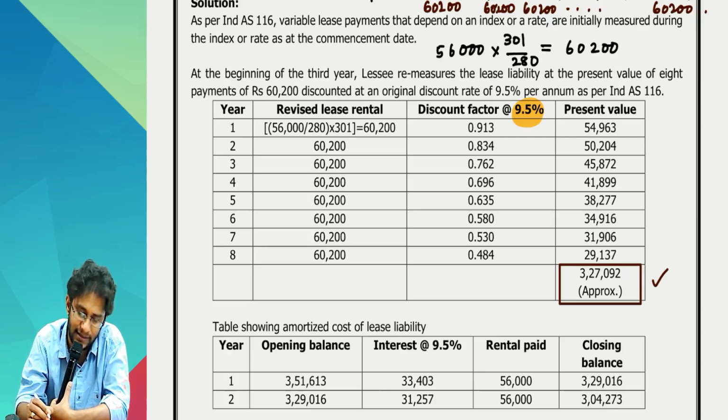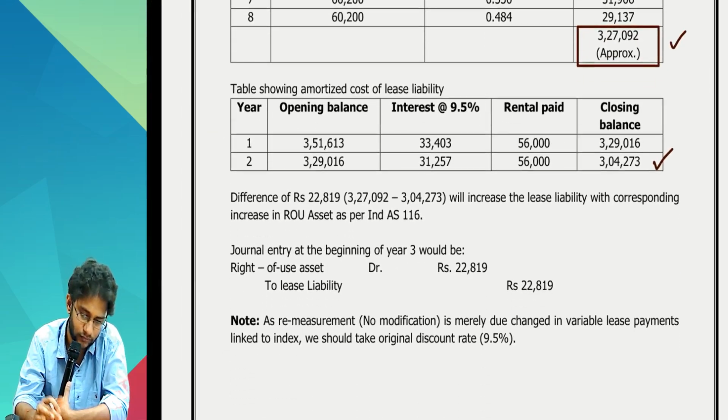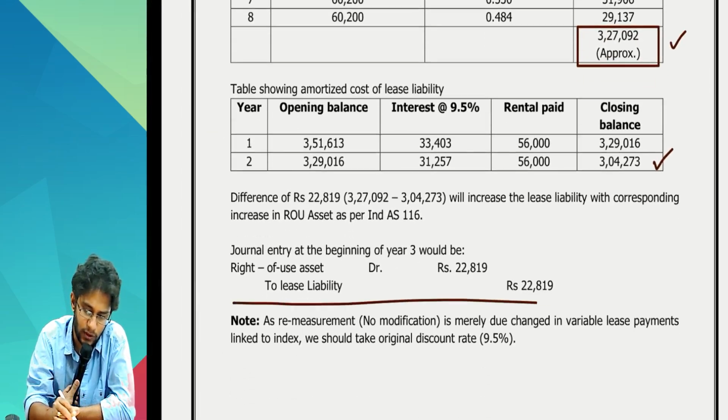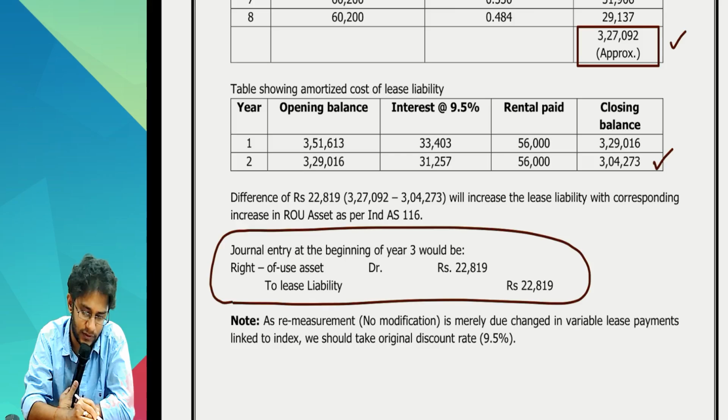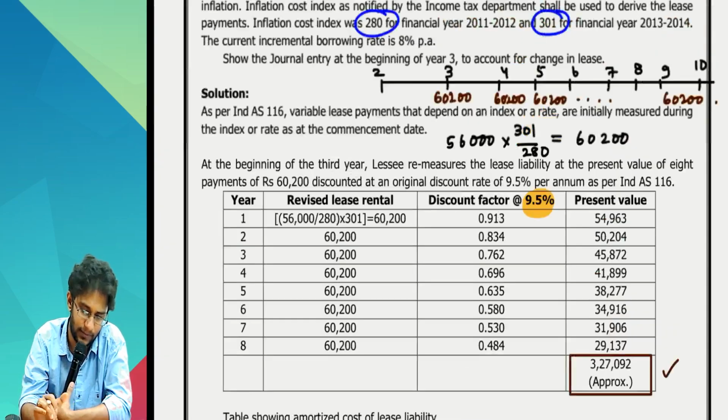So he prepared an amortization table. By the end of second year or by the beginning of third year, book value is 304,273. So from 304,273, update yourself to 327,092. So correspondingly impact the ROU asset. Very, very easy case, very, very simple case.